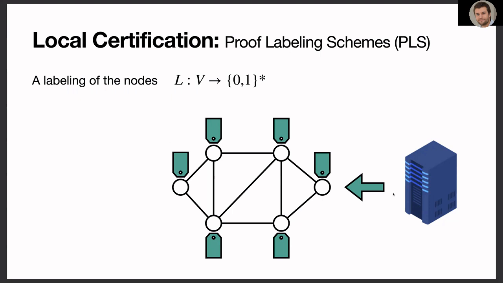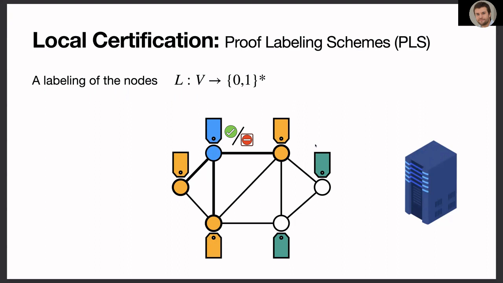But the nodes do not trust this big computer, so they want to verify their certificate. They can share messages with their neighbors in one round. They can see their certificates, and with that information, they have to decide whether they think that the graph is in the class or not. They have to accept or reject.